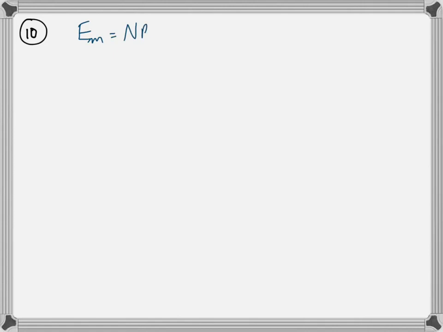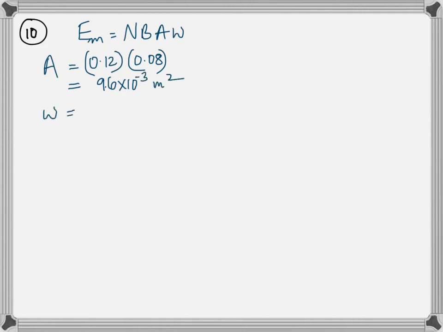So number 10. Again, EMF is NBA omega. A is 0.12 times 0.08 because you have to change it to meter. That's the area. And like I said, omega is 2 pi f, which is 2 pi times 1200 by 60 to get it into seconds.